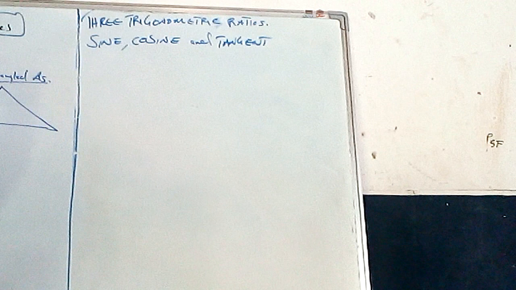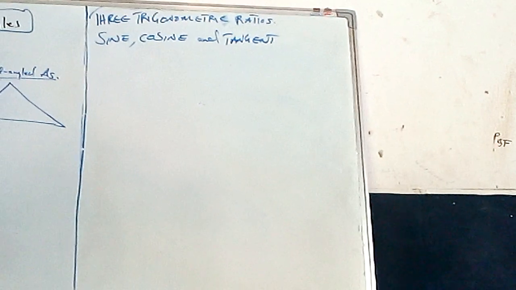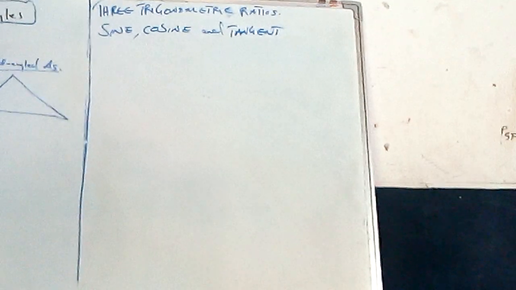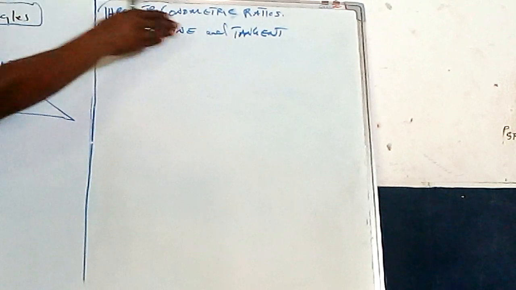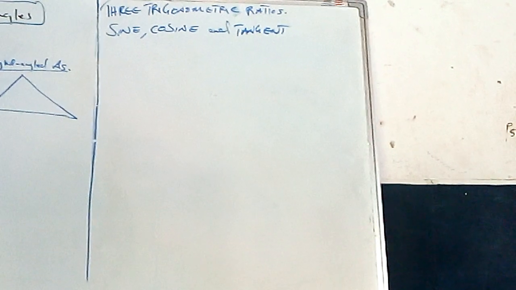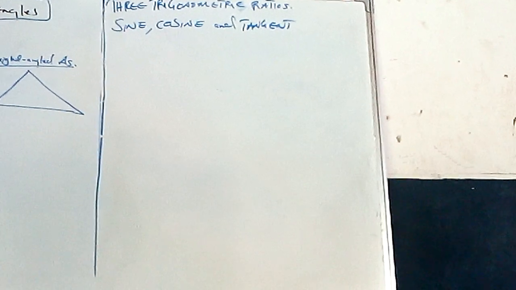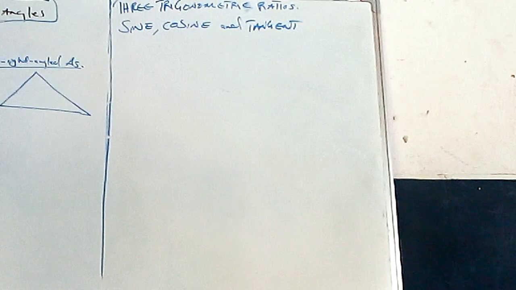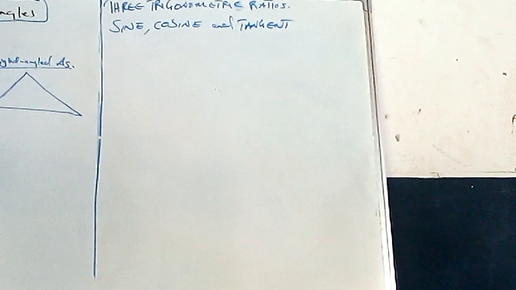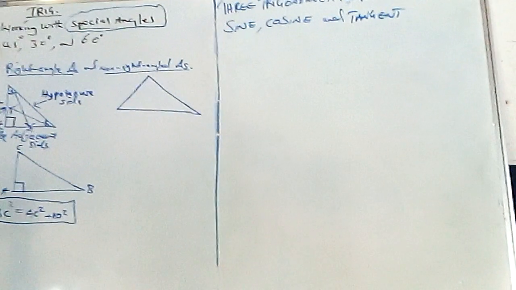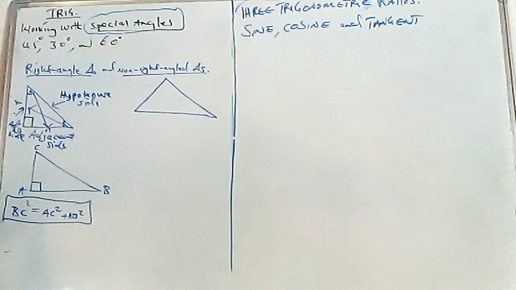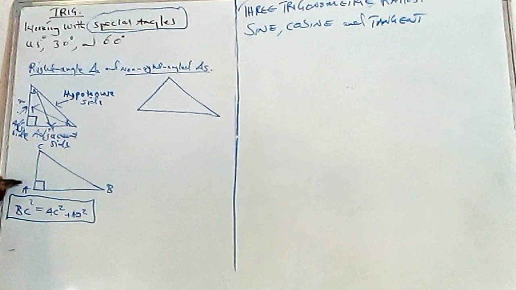Now take note. These trig ratios are mostly applicable in right-angled triangles. In other words, they work hand in hand with the theorem of Pythagoras. So for you to better understand special angles, it's imperative that you remember what you learned as far back as grade 8.